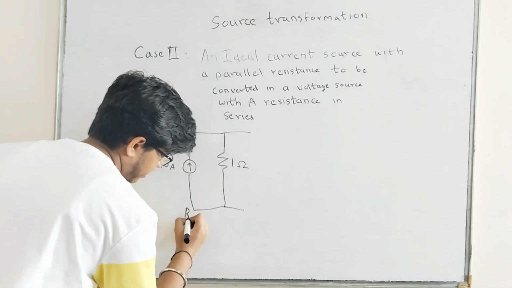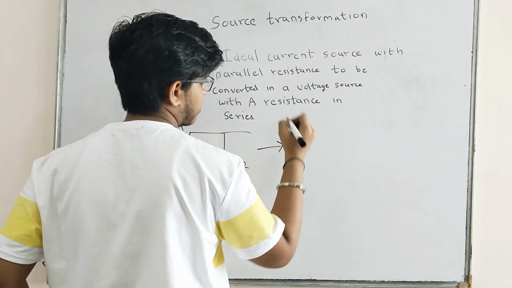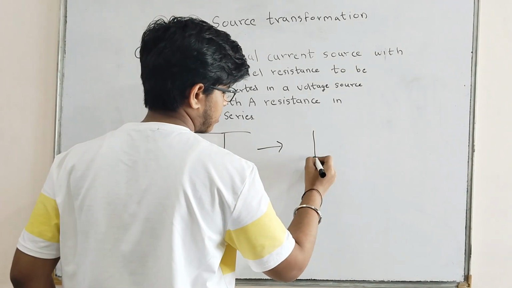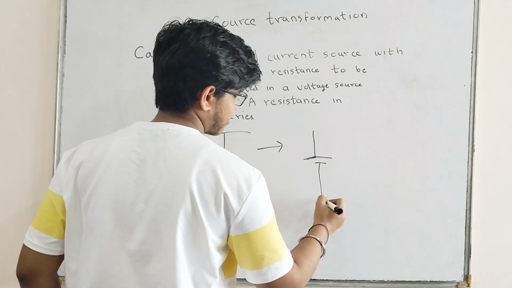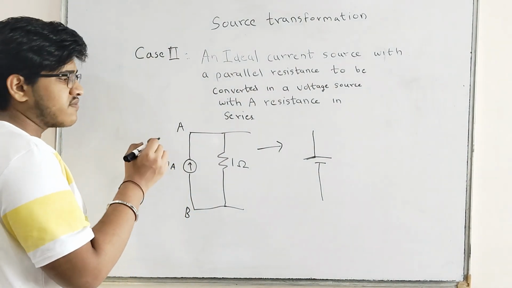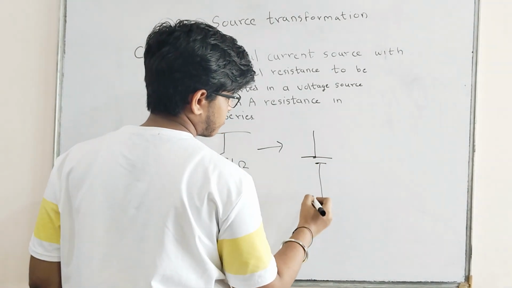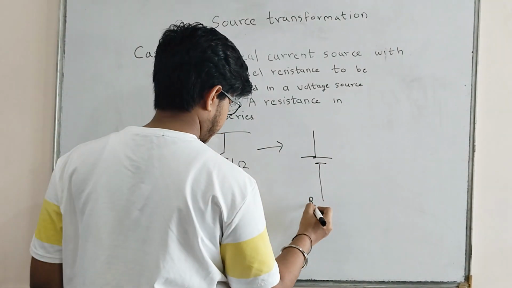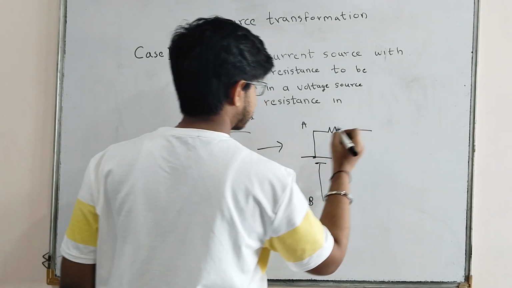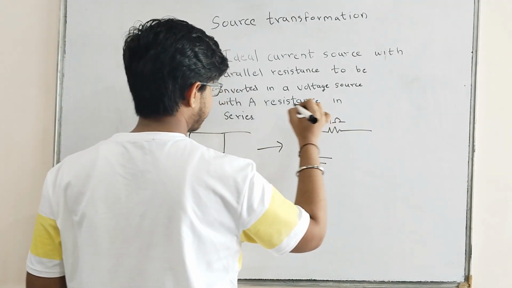This is my terminal B and this is my terminal A. Now we want to convert this circuit into an ideal voltage source. As we discussed previously, the direction will be upwards because the current source direction is also upwards. Now I will draw it. This is my terminal B and this is my terminal A, and it will have a series resistance. The value of resistance will be constant, that is 1 ohm.